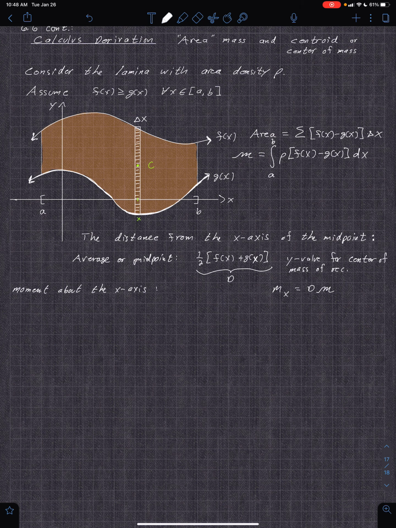Moment about the x will be 1/2 times f of x plus g of x times your mass, which is rho times f of x minus g of x delta x.